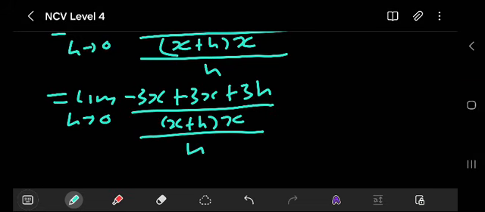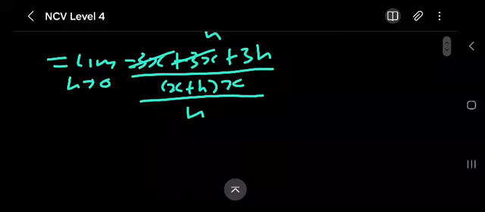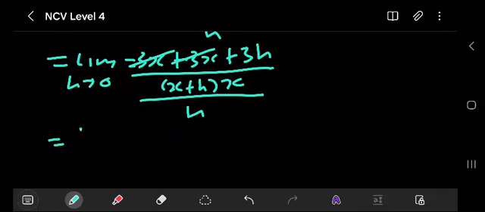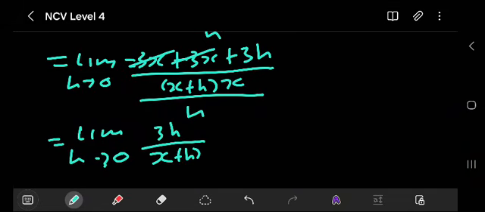Then as you can see, this and this will cancel, guys. So what do we have here? The limit as h tends to 0, you have 3h there, all over x plus h into x, all over h.